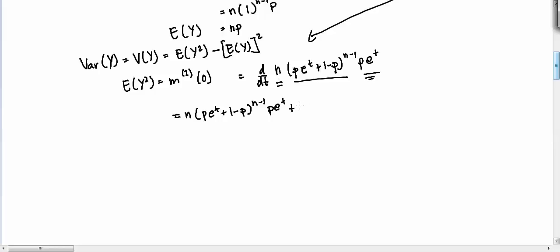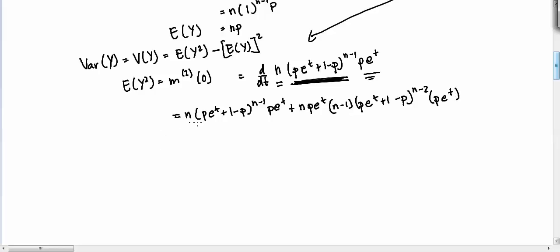So this would be npe^t times the derivative of the first one, which is (n-1)(pe^t + 1 - p)^(n-2), and then pe^t, since the chain rule tells me to take the derivative of the inside as well.